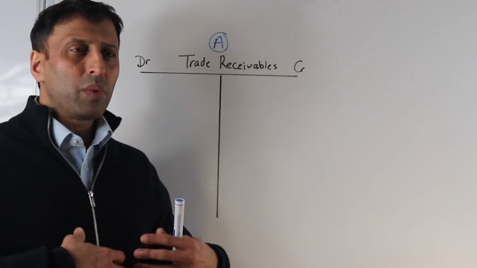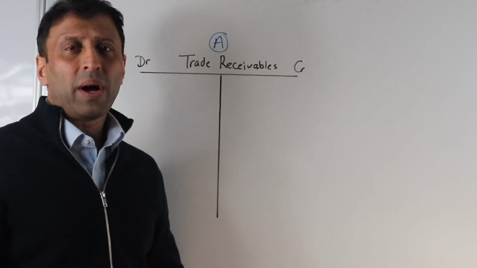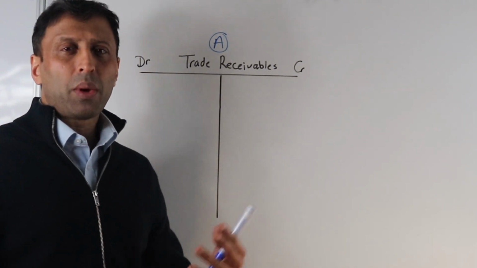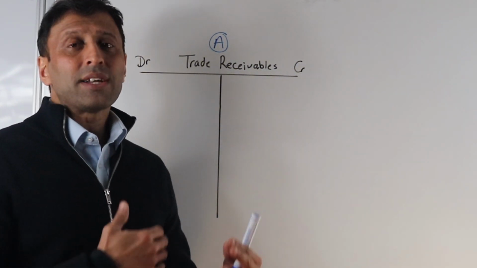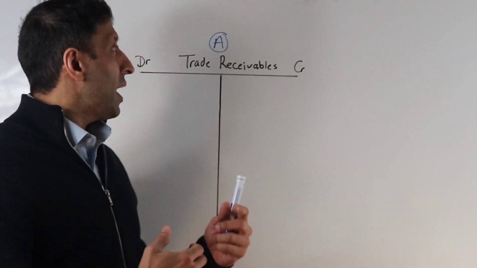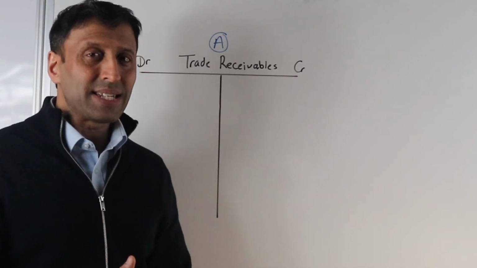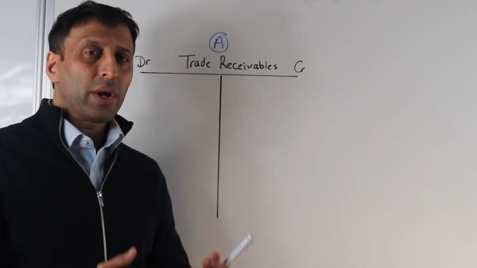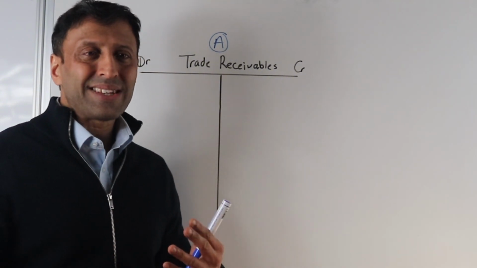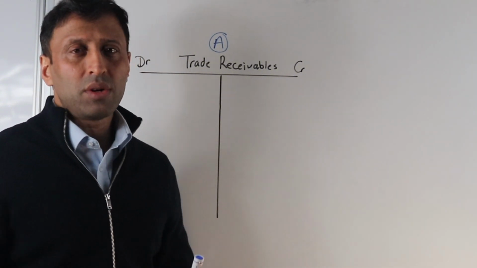So that's like when we go to the shop and we buy something, we make a payment straight away, pay cash or with our card, and that transaction does not create an increase or decrease in any debt. So if you have a cash sale or a cash purchase, it doesn't affect debts. It doesn't increase or decrease your debts.